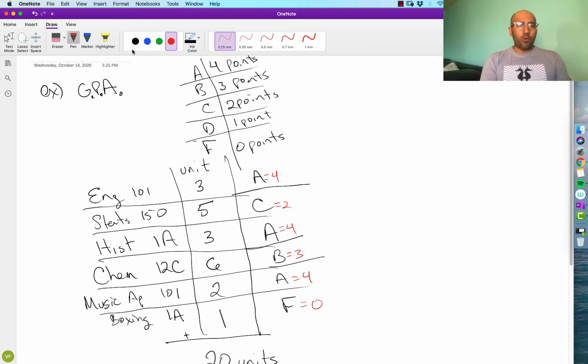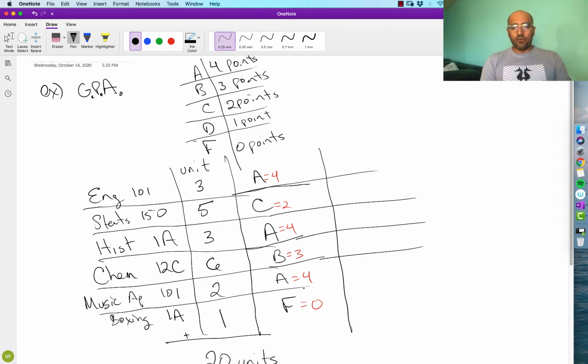Okay, so now what we're going to do is multiply the value of each unit, the units times the point value. So we're going to multiply across and get that this is going to be 12, this is 10, this is 12, this is 18, this is 8, and this is 0. And we're going to add all of these down.